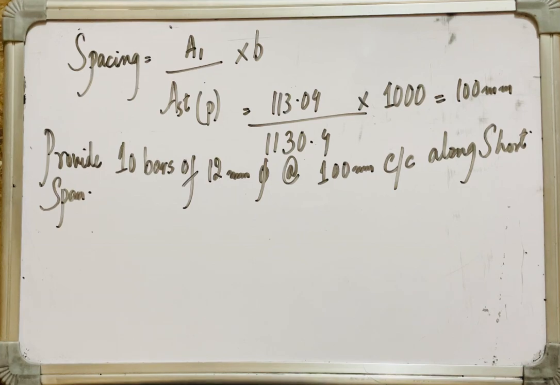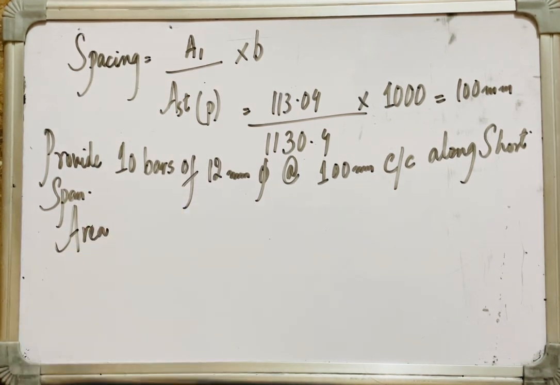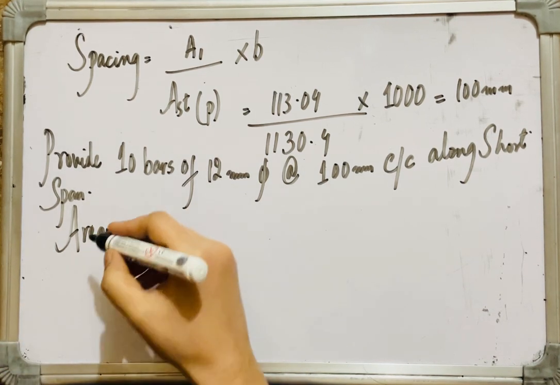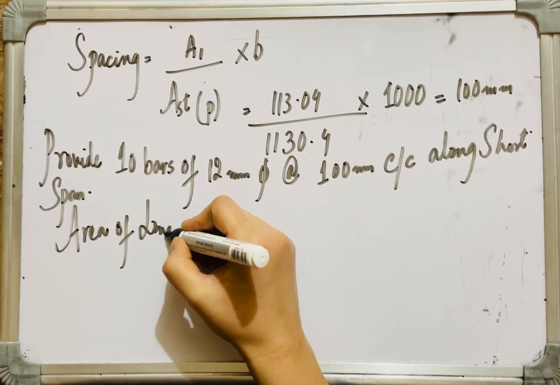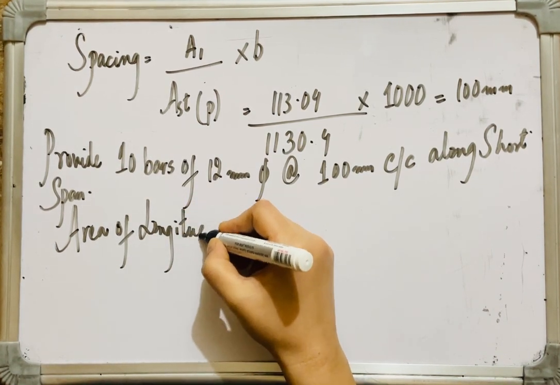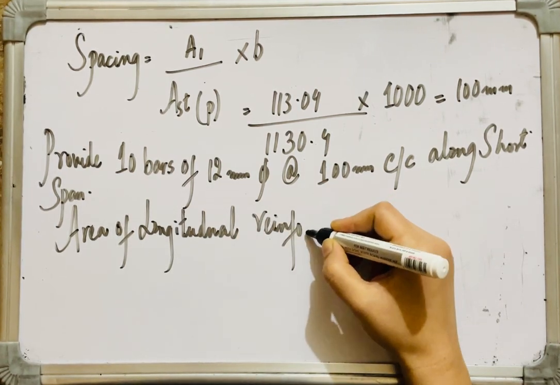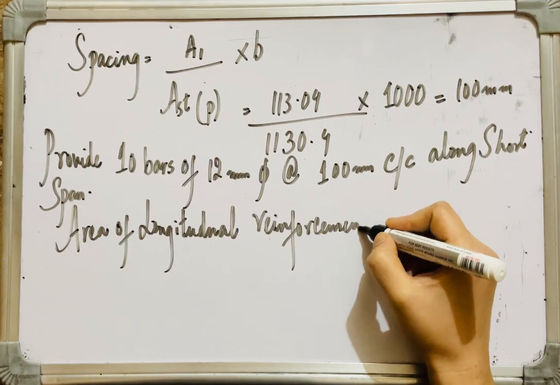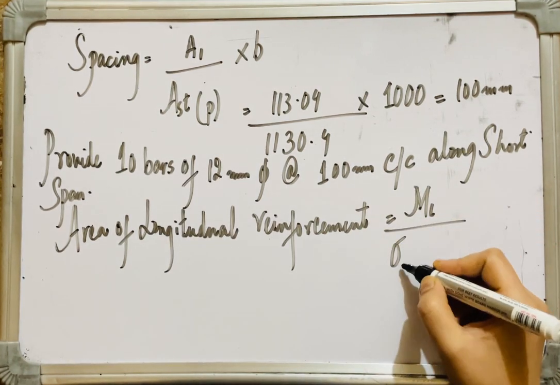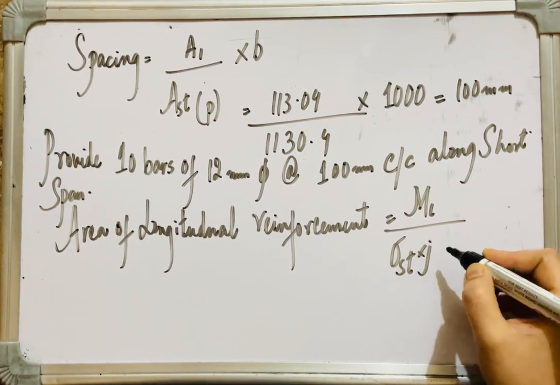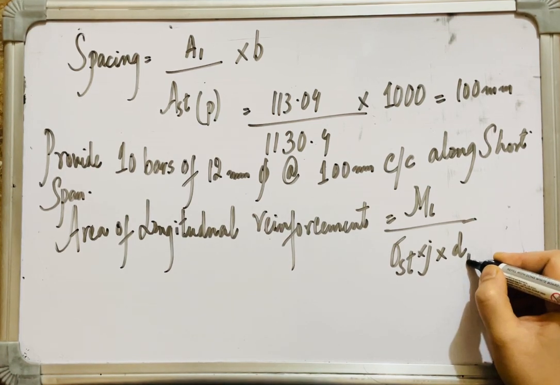All right, after this I'll calculate, this was area of main reinforcement, now area of longitudinal reinforcement, that is along the longer span. Area of longitudinal reinforcement is how much? It is ML divided by sigma ST into J into effective depth, but along the longer span.